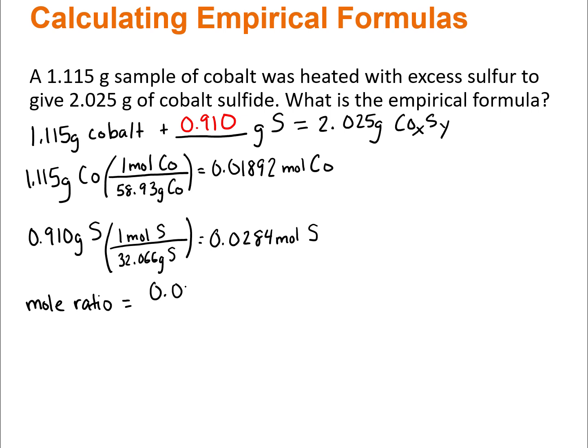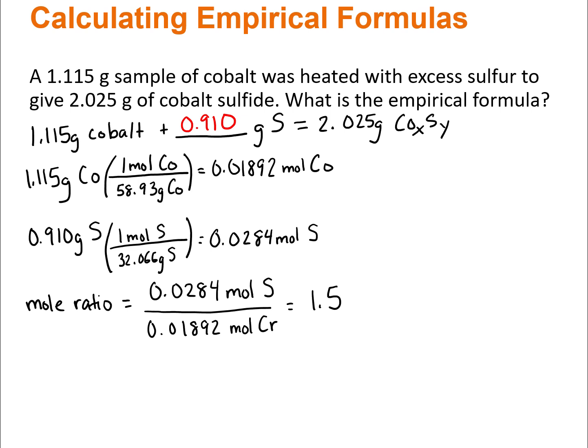So if I take the number of moles of sulfur and divide by the number of moles of cobalt, what I end up getting with my calculator is 1.5.